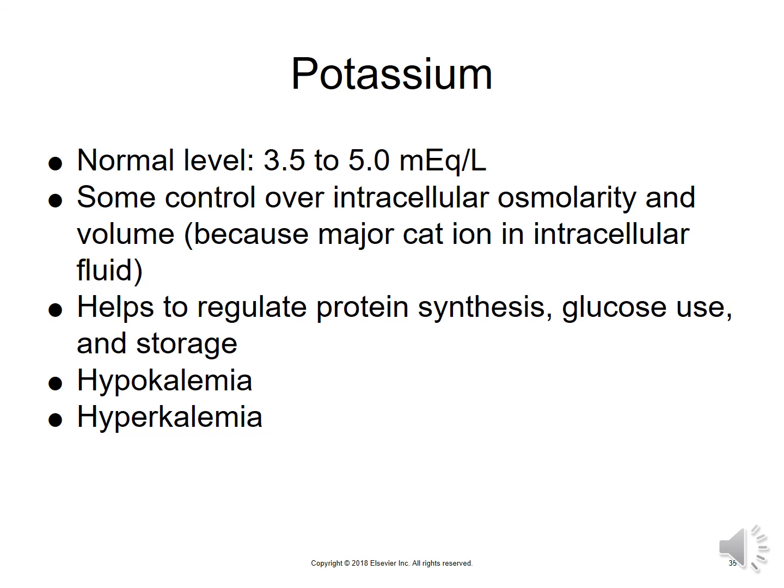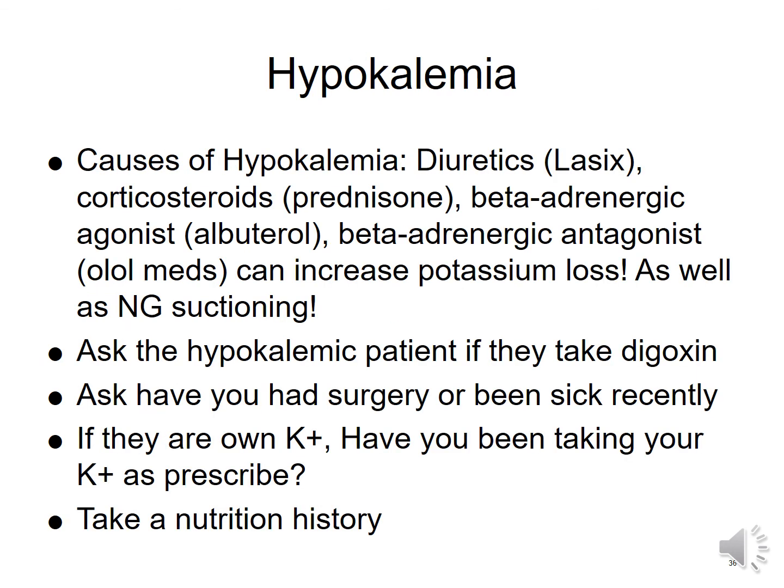And we're going to talk about both hypokalemia and hyperkalemia. Hypokalemia is potassium less than 3.5. Listed here are some types of medications that can cause potassium loss. Lasix, prednisone, albuterol, beta-adrenergic antagonist, as well as NG suctioning.